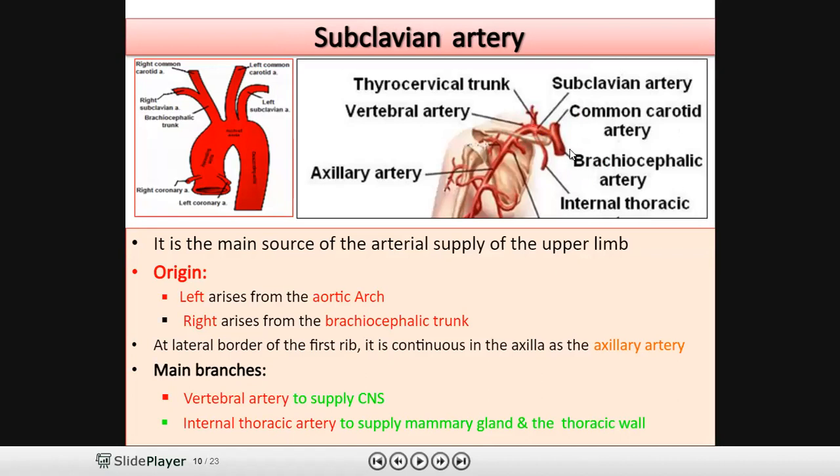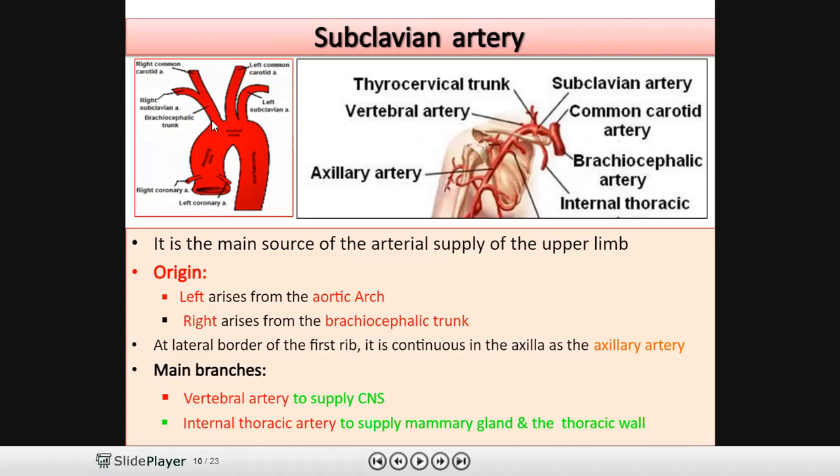We're looking at the right brachiocephalic artery now, because on the left side, the common carotid artery and the subclavian artery arise directly from the aortic arch. But here we see the brachiocephalic trunk giving rise to the common carotid and subclavian. So that tells us that this is the right side, okay?